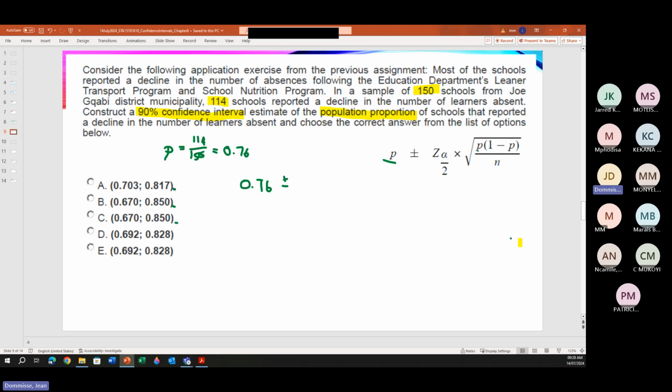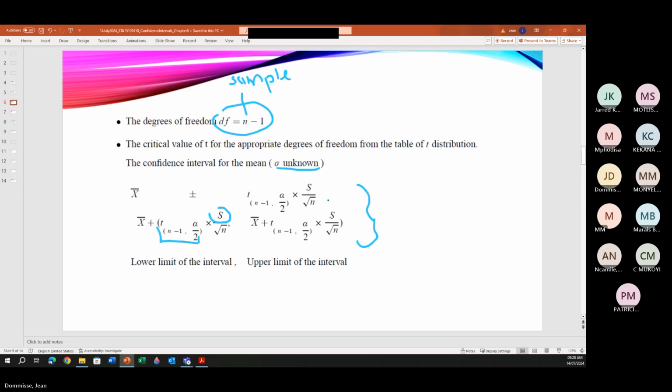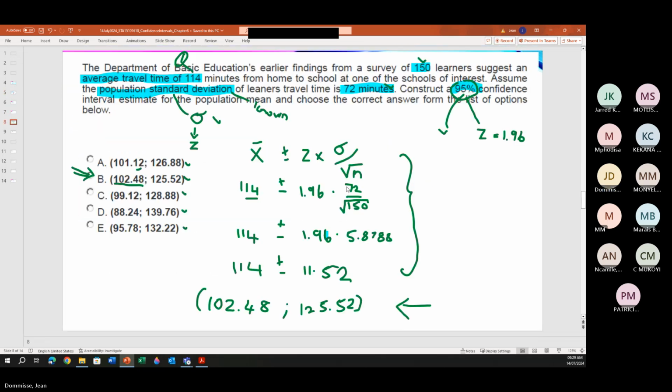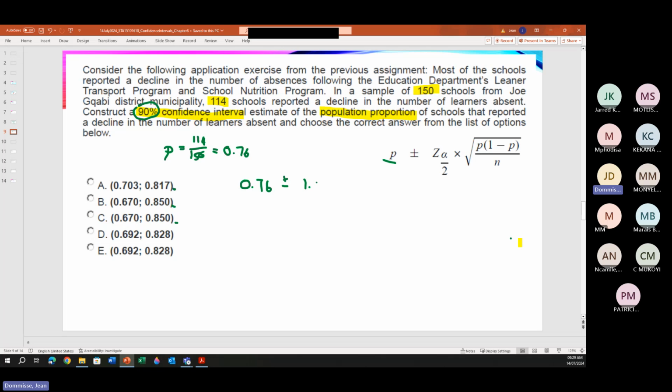Okay, so Z of the proportion, we can read off the table. The Z for a 90% confidence interval, two-tail, is 1.645. I'm going to use 1.645. So that is sorted.